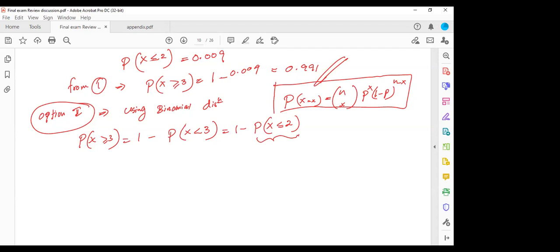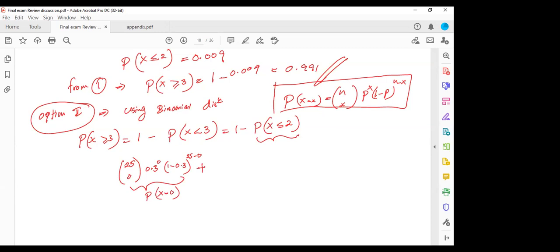So n equals 25, x is 0. When x is 0, it is 0.3 to the power 0 times 1 minus 0.3 to the power 25 minus 0. This is for probability of x equals 0.